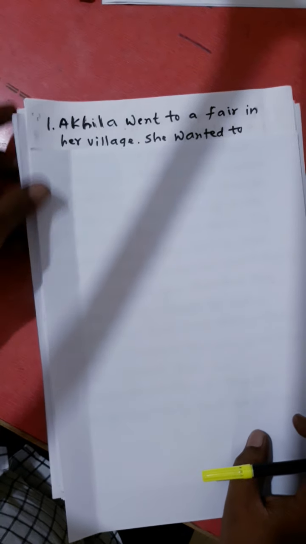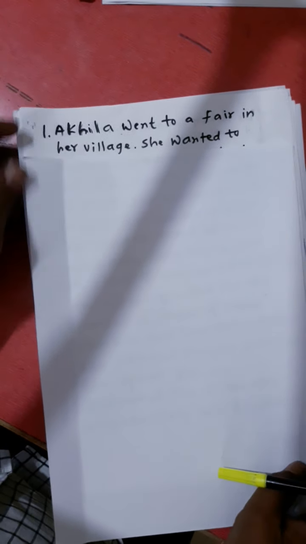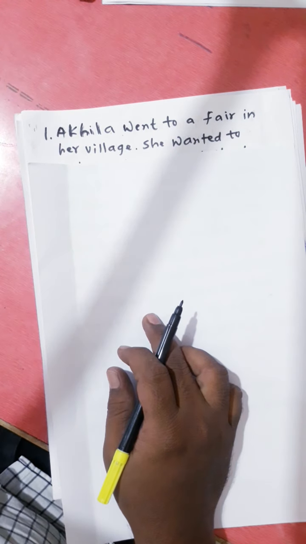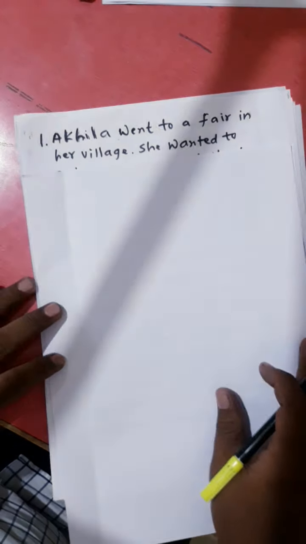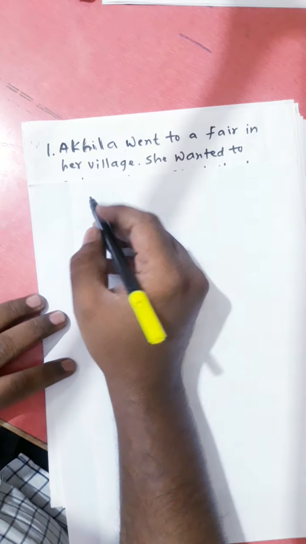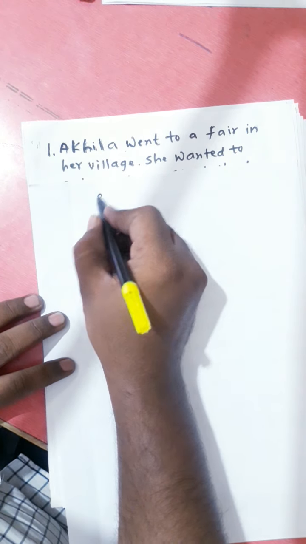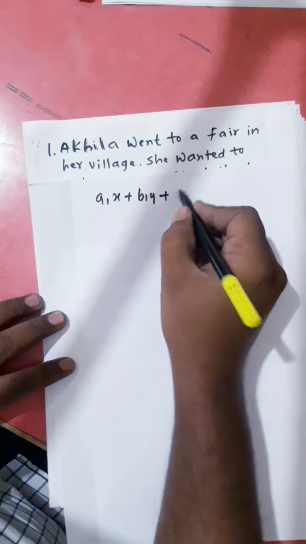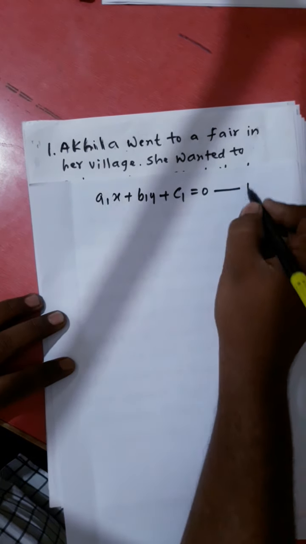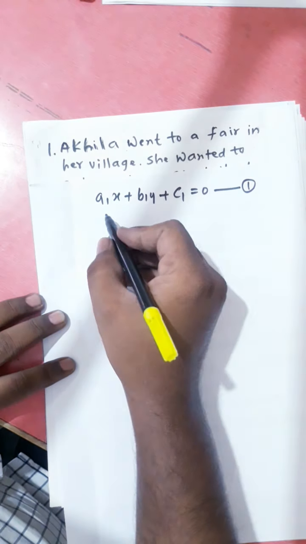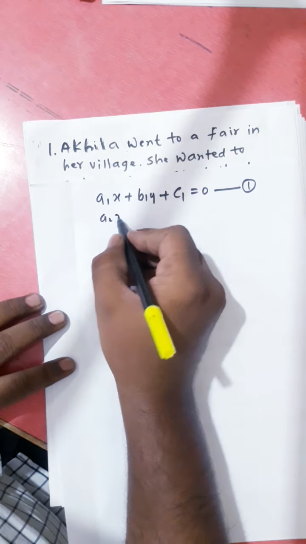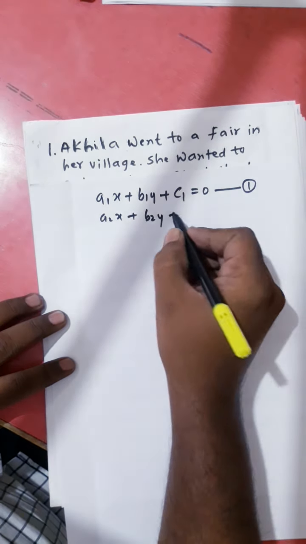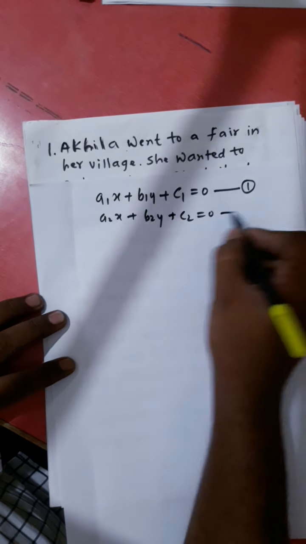So students, in video number 2 that we have done for a pair of linear equations in two variables, what we studied is when we represent these two lines a1x plus b1y plus c1 is equal to 0 and a2x plus b2y plus c2 is equal to 0.